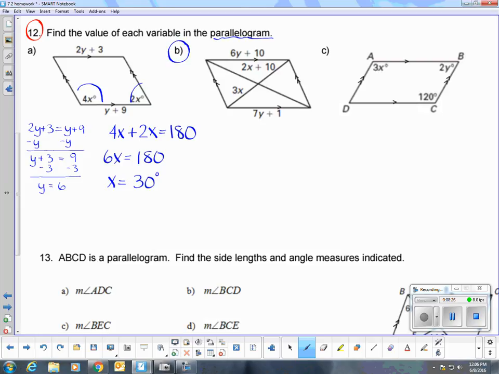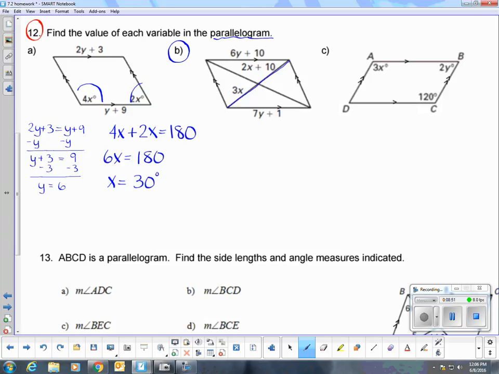In part B, we can easily find y once again by setting 6y plus 10 equal to 7y plus 1, like we did in part A. The second part of this problem to solve for x is we notice that the distance from here to here is 3x, and the distance from here to here is 2x plus 10.